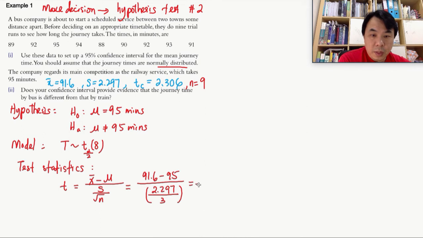So what we have here would be negative 4.57 approximately. So negative 4.57. That will be our observed test statistic. So we're going to compare this observed test statistic with the theoretical critical value that we can obtain from the t distribution.